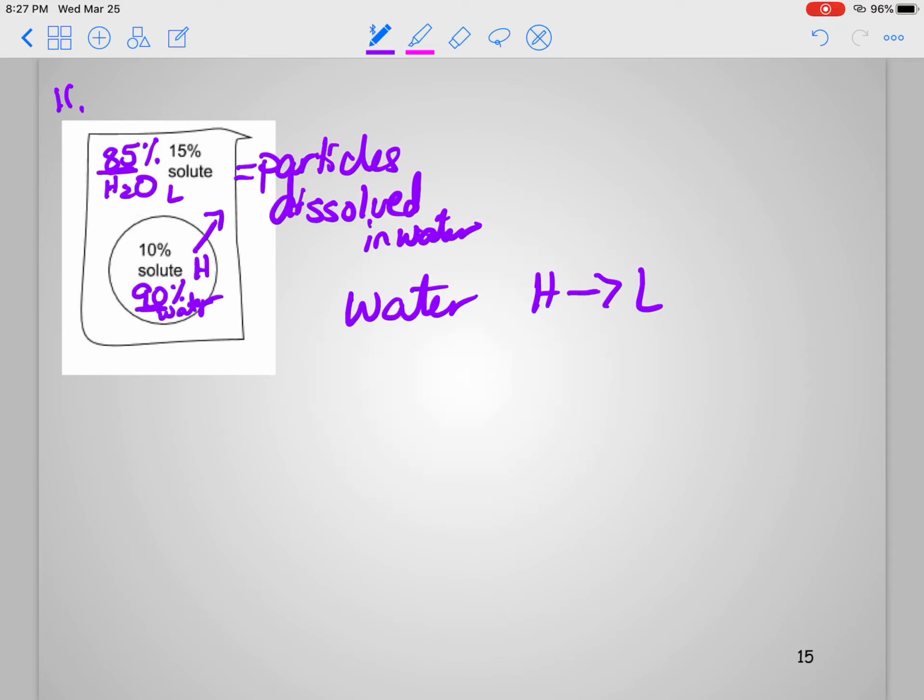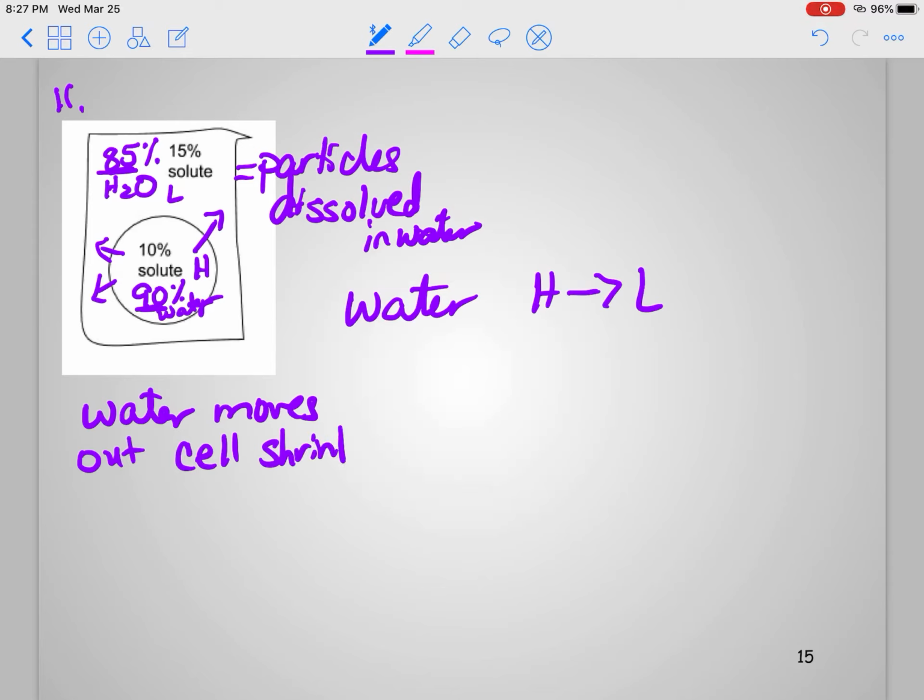So if it moves high to low, the water is going to move out of the cell. So if the water moves out, the cell will shrink. And we know that that is a hypertonic solution.